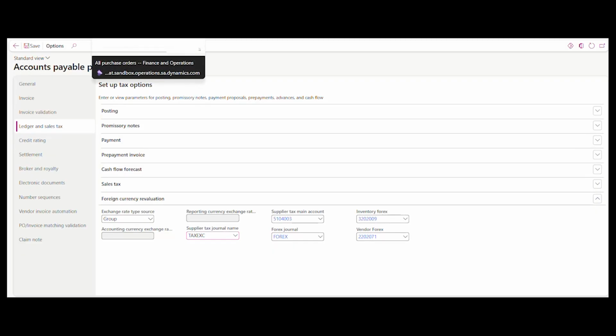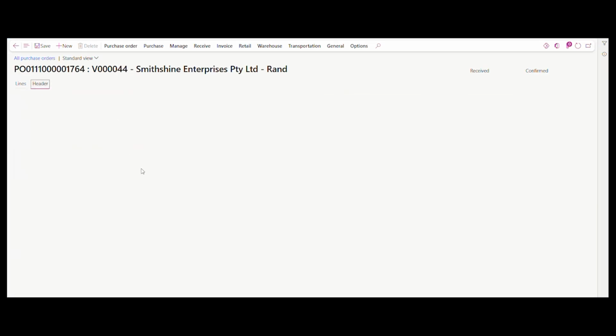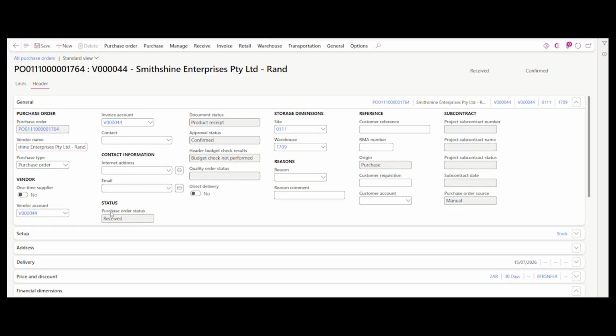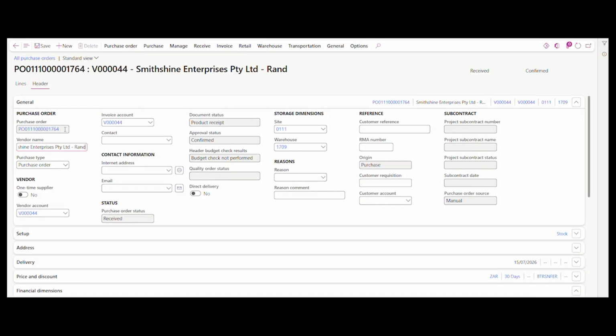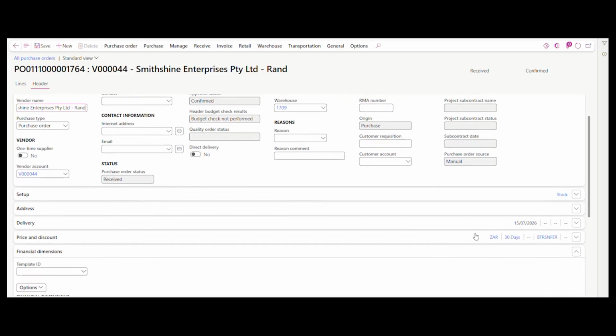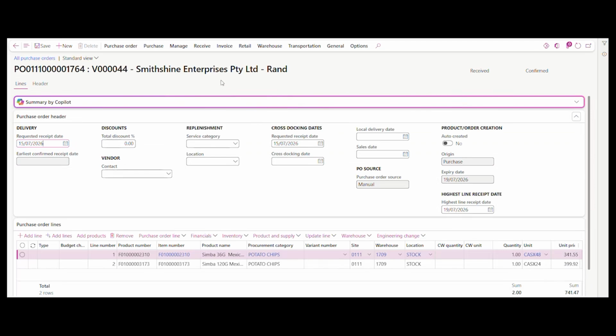As of now, I have created one purchase order and kept it open. This is the purchase order. This purchase process is the normal process, where we can see this particular supplier currency is the rand. We just created an order, confirmed and received.